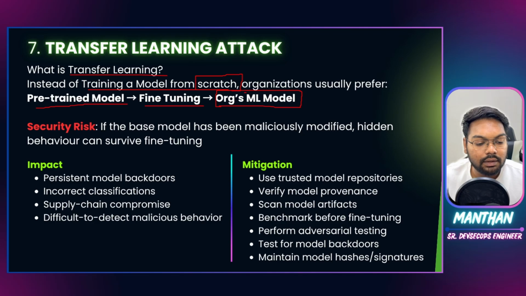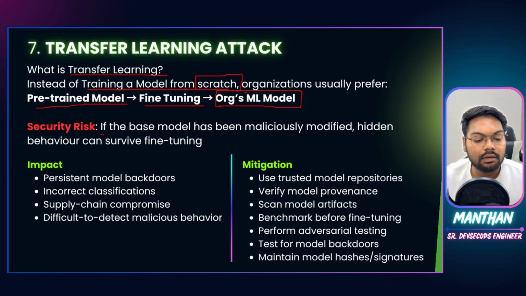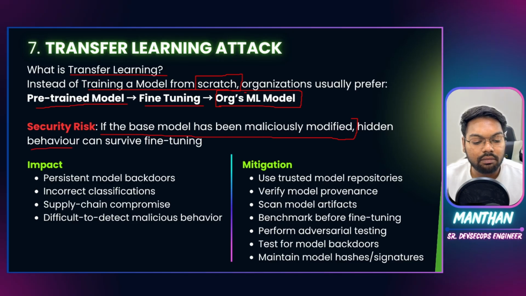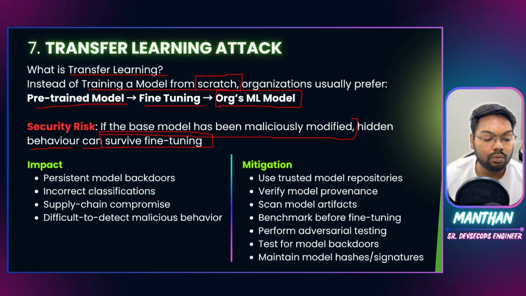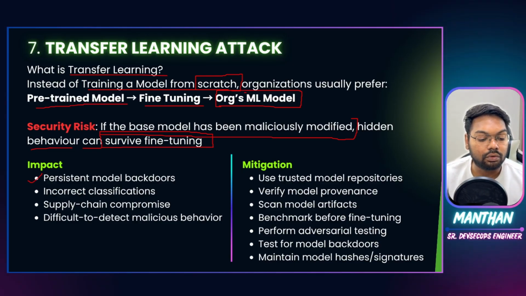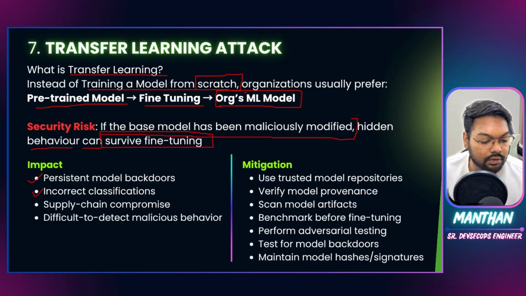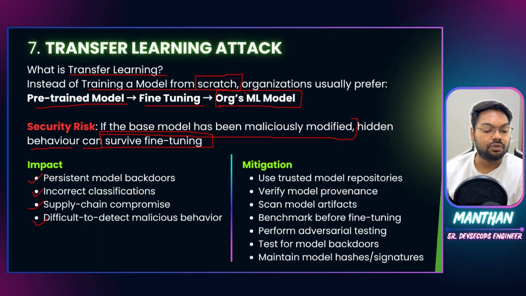So what is the security risk associated with it? If the base model has been maliciously modified, or has any hidden behaviors which can survive this fine-tuning, it could lead to persistent model backdoors, incorrect classification, supply chain compromise, or difficult-to-detect malicious behavior.